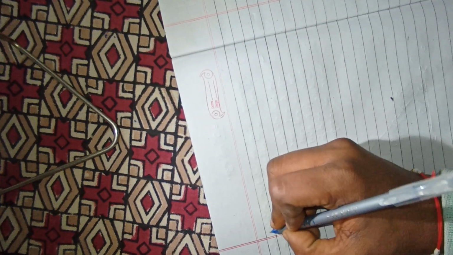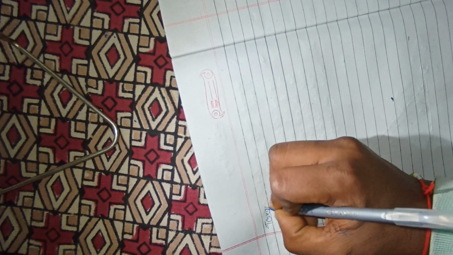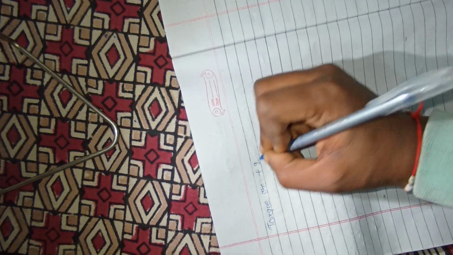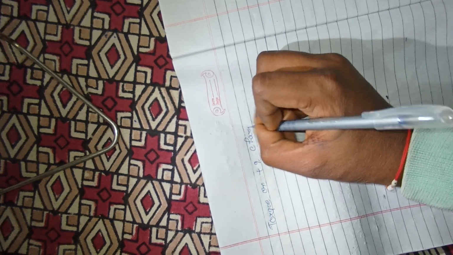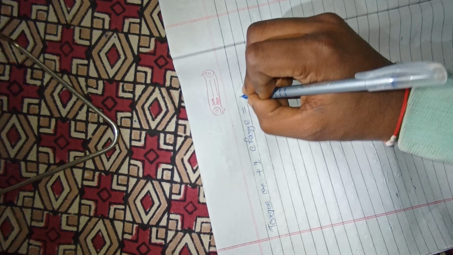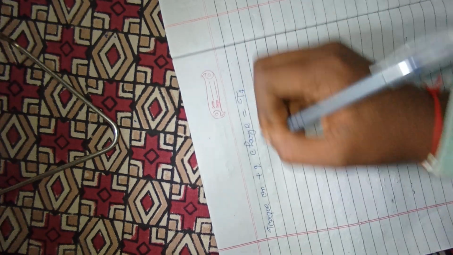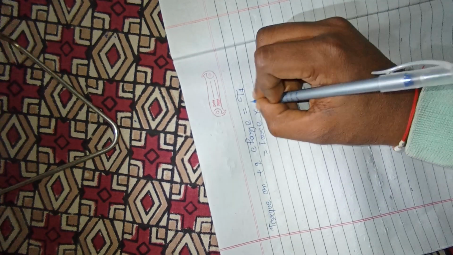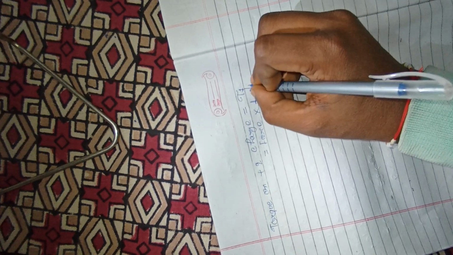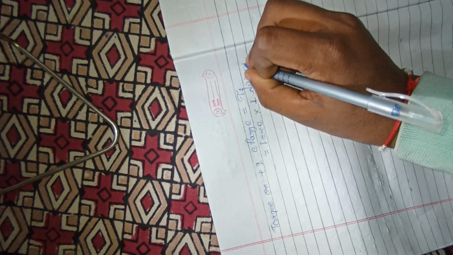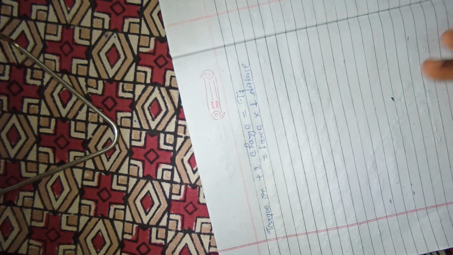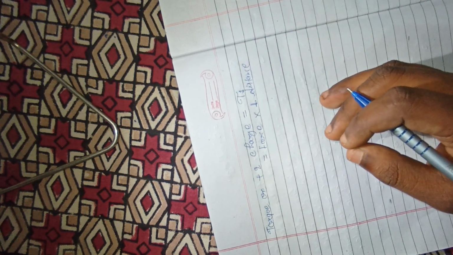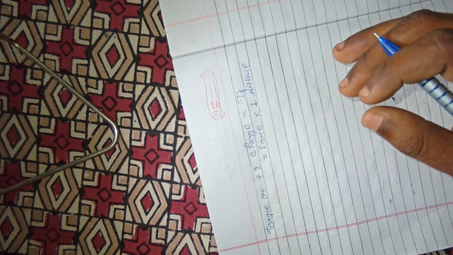So torque on plus q charge equals tau 1, and we know that torque is equal to force into perpendicular distance, the perpendicular distance between force and axis of rotation.